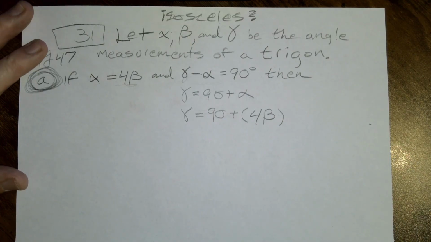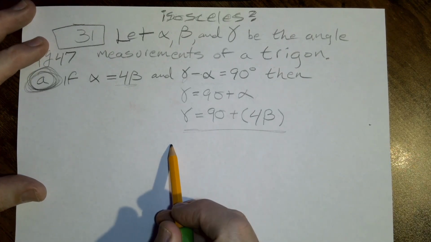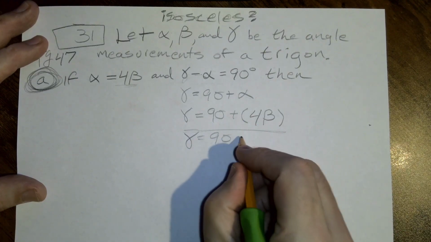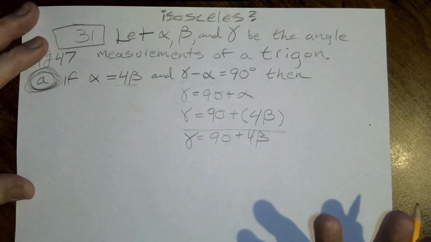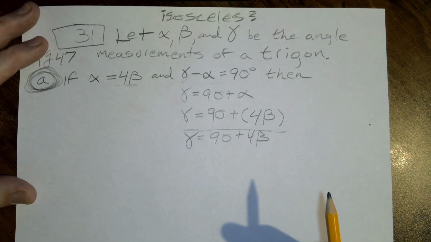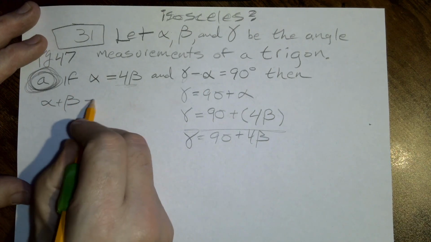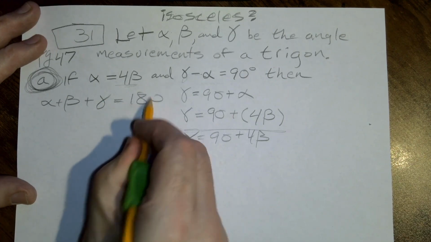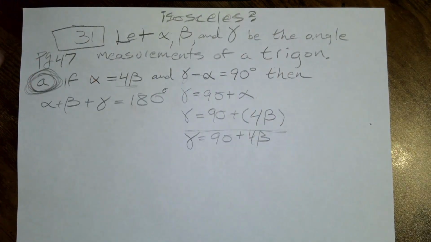So we know gamma is 90, we'll take these parentheses off, plus 4 beta. And we know from the properties of every trigon in Euclidean space that alpha plus beta plus gamma, all those angles, add up to 180 degrees.